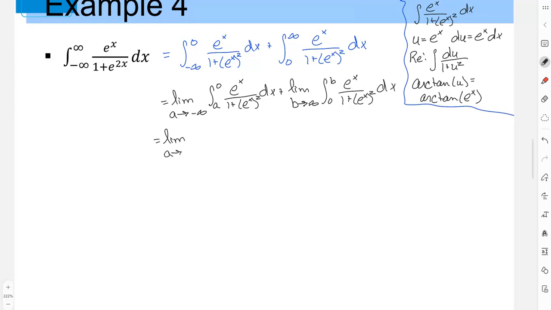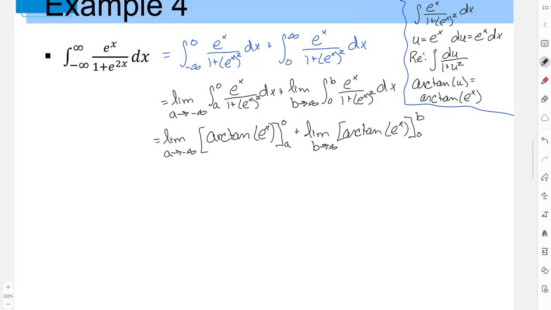And that's a goes to negative infinity. When I integrate this, I get arctan of e to the x from a to 0. And again, this is arctan of e to the x from 0 to b.